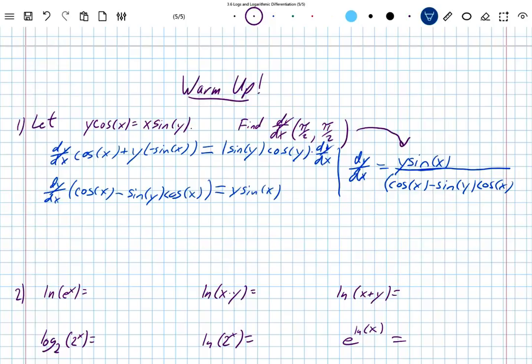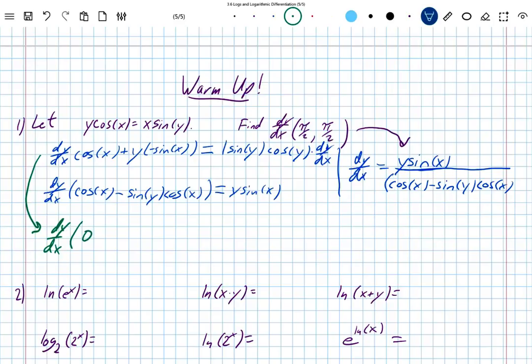Okay, so we could do that there, and we get a number, but we also could have, maybe should have, done it right from the get-go to make our simplifying easier. Why not plug in those numbers right after you take those derivatives? So cosine of pi over 2, do you know it?